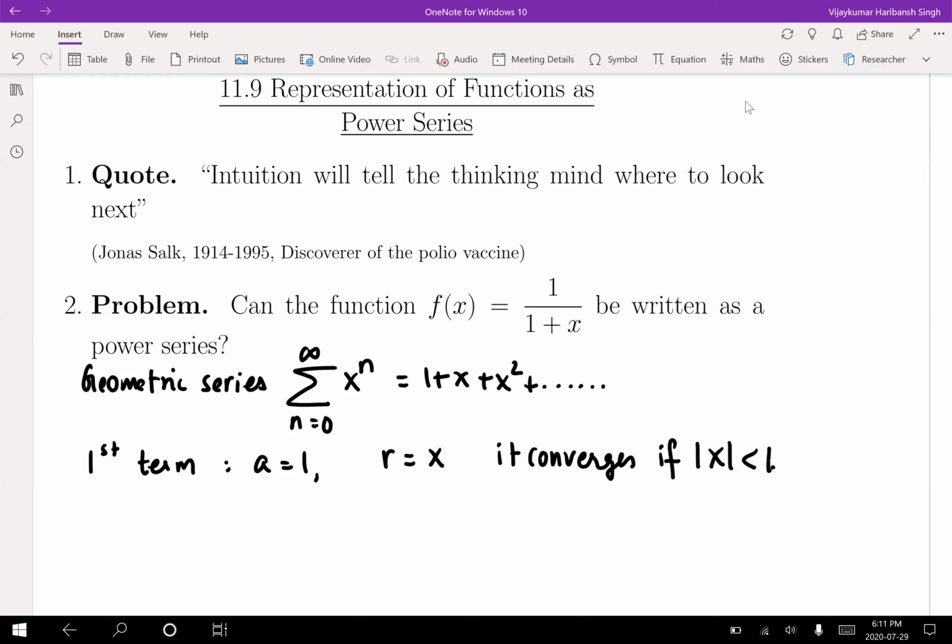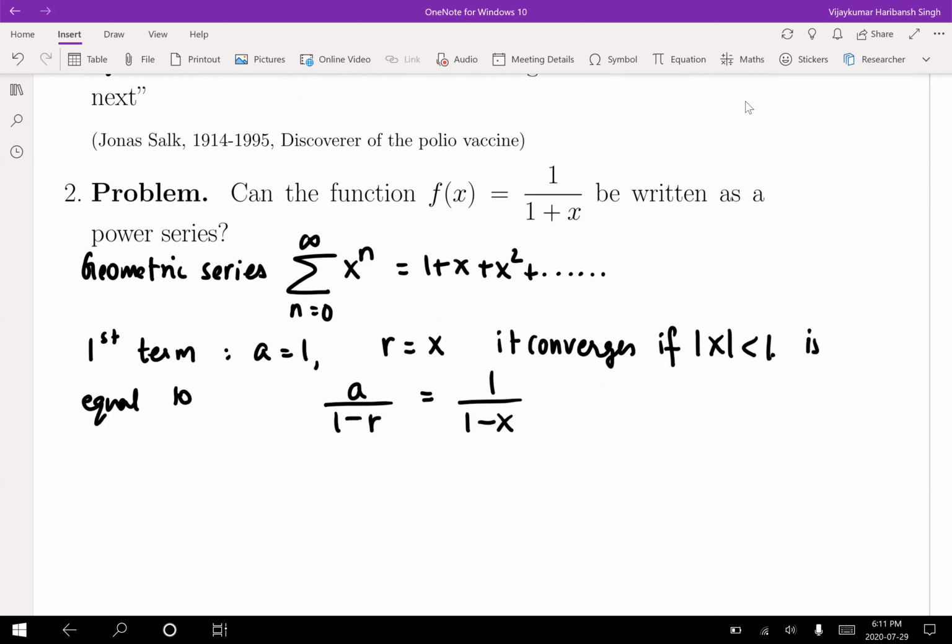And what is it equal to? It is equal to a upon 1 minus r, which is 1 upon 1 minus x. So we have managed to write down 1 upon 1 minus x. Now think about it the other way around.